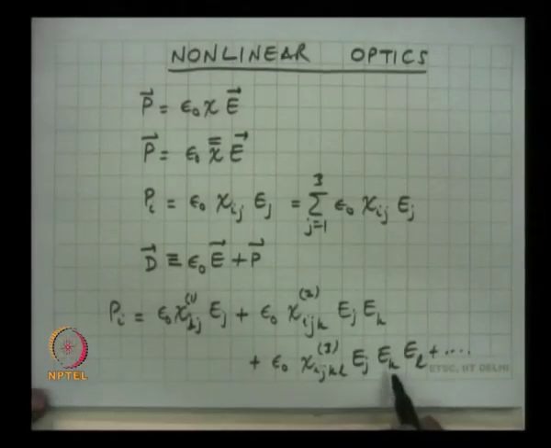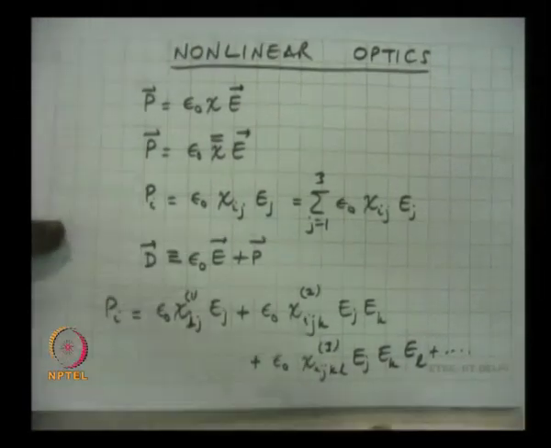Oh, this is the kth component of E vector, where j, k, l go from 1 to 3. So, this is actually a shortened form of this equation.